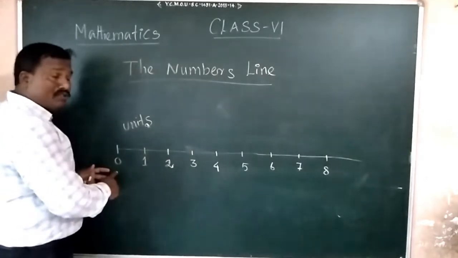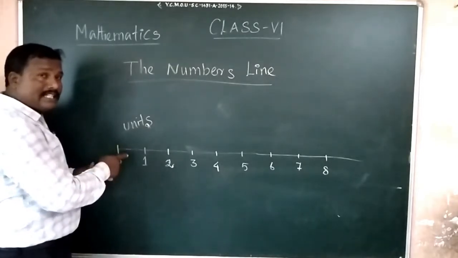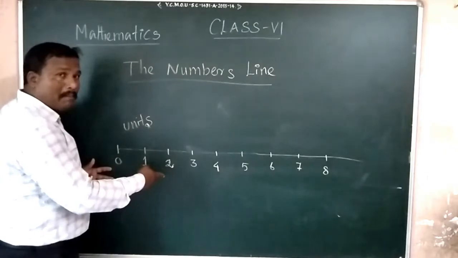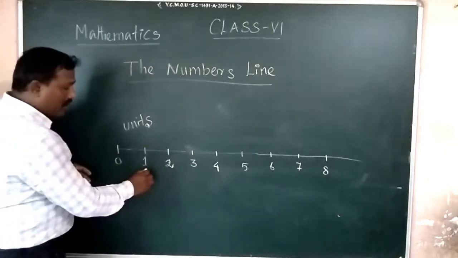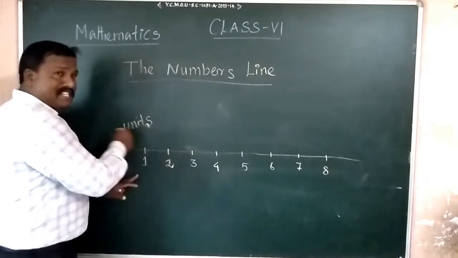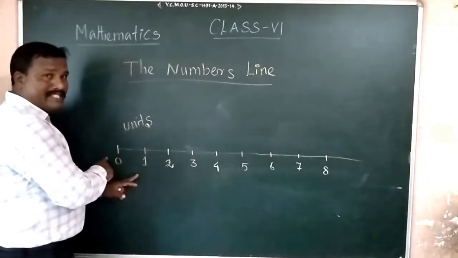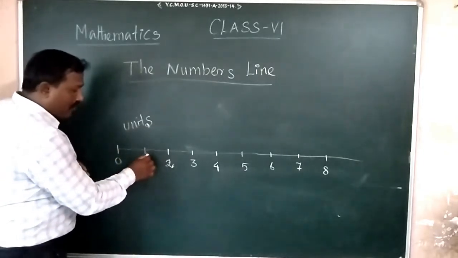So the smaller numbers are on the left side. The right side numbers are all greater. If you take 1, the left side has smaller numbers, always smaller numbers.